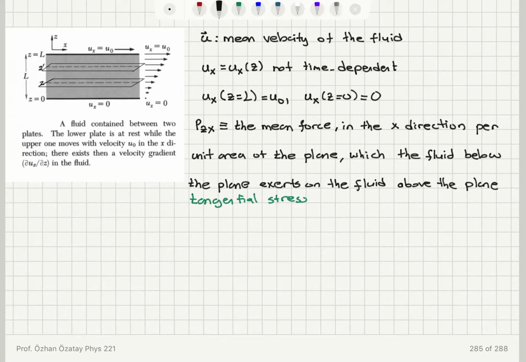And to a first order approximation, we see that this tangential stress, Pzx, depends on the gradient of the x component of the velocity, tangential speed. So it is minus a coefficient eta del ux del z.